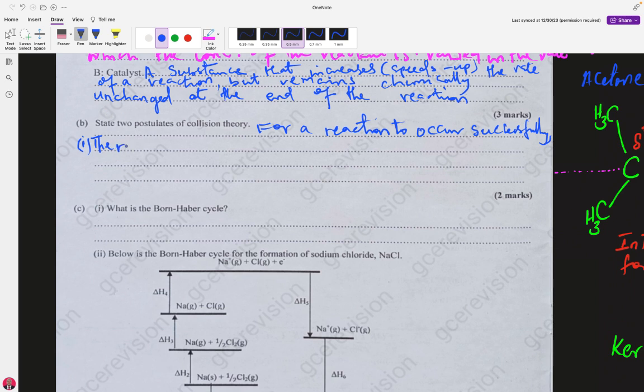The reacting particles must collide in the correct orientation.